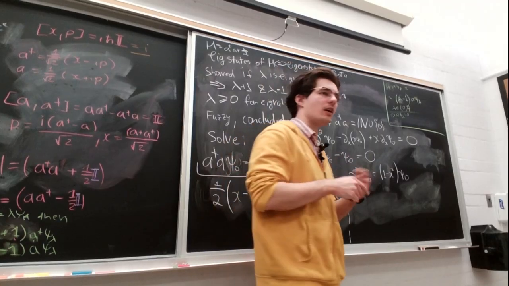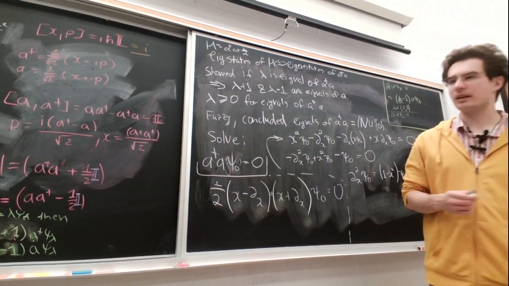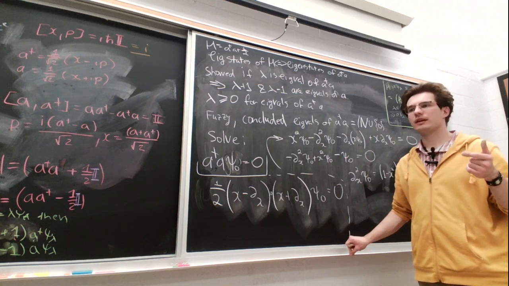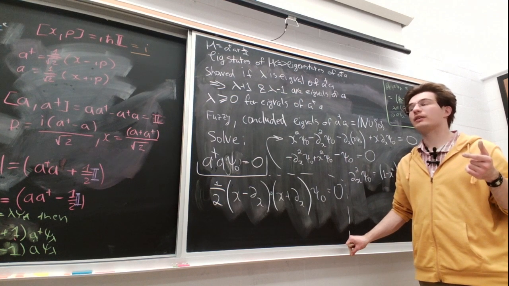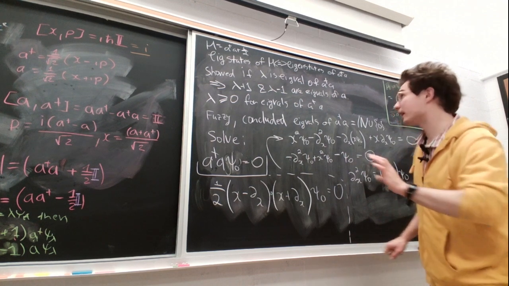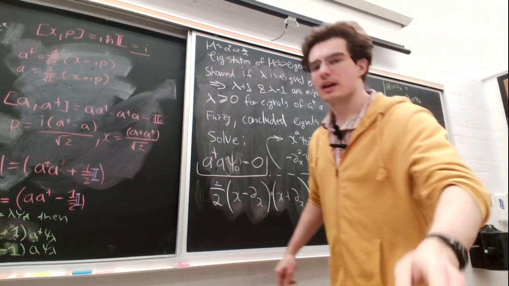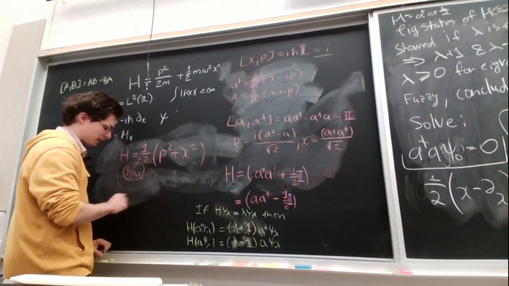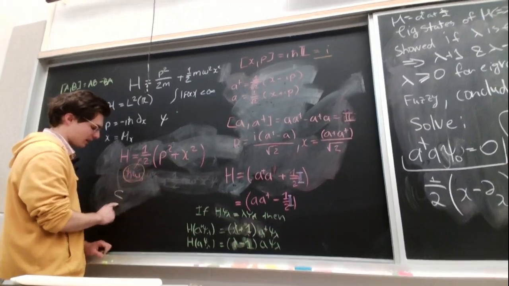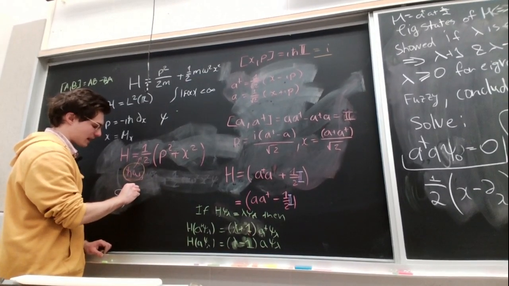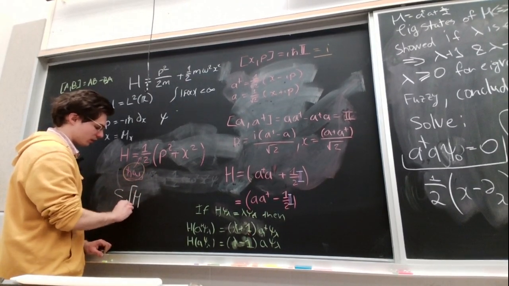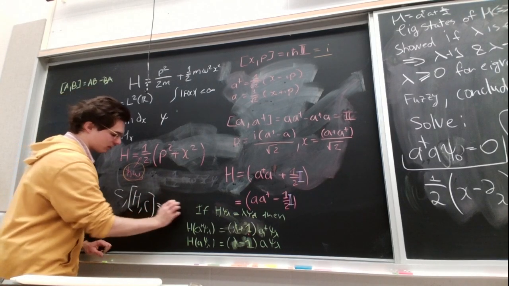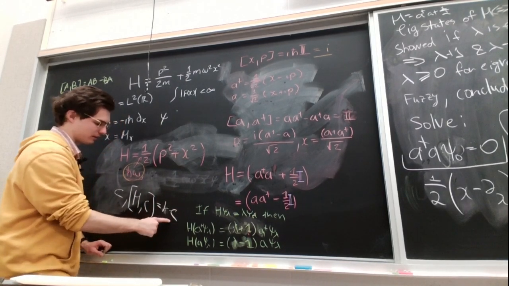This often appears when you want to find operators such that if you commute them with a Hamiltonian, it's not... I'm telling you lies. This is wrong. What you want is to find some kind of operator, whatever, C, such that H commuting with C is some constant times C itself.